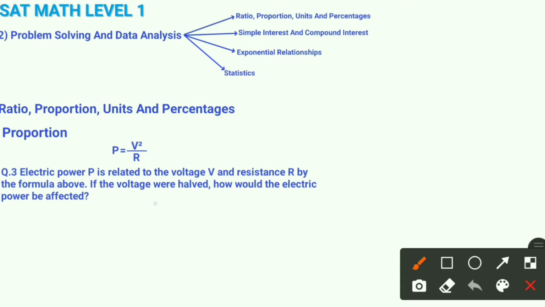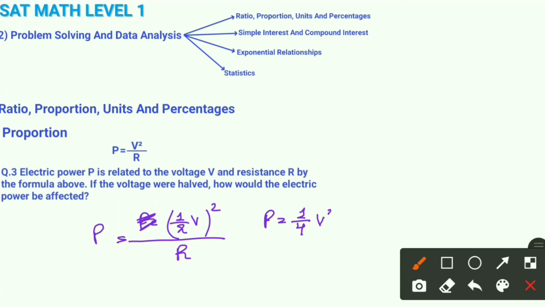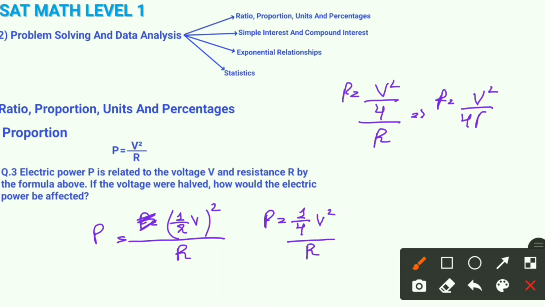Electric power P is related to the voltage V and resistance R by the formula above. If the voltage were halved, how would the electric power be affected? So if the voltage is halved, it's going to be (V/2) square upon R, which is V square upon 4R.